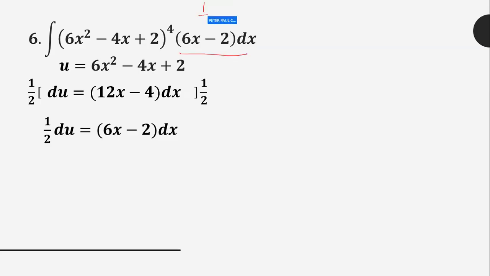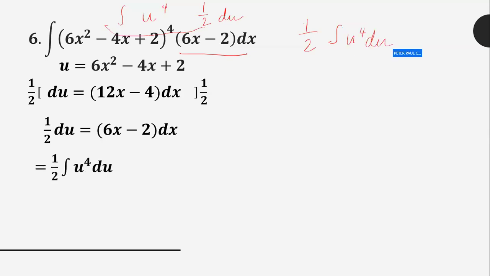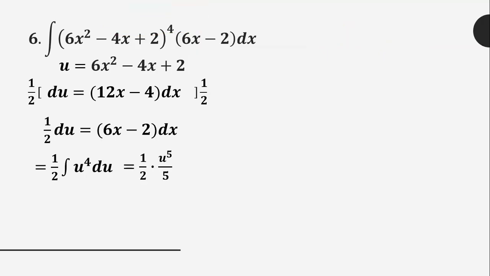So this is your 1/2 du, and then this is your u to the 4th. Okay? Then we will put 1/2 in front so that it becomes 1/2 times the integral of u to the 4th du. Next, simply add 4 plus 1 over 4 plus 1, so that becomes 1/2 times u raised to 5 over 5.